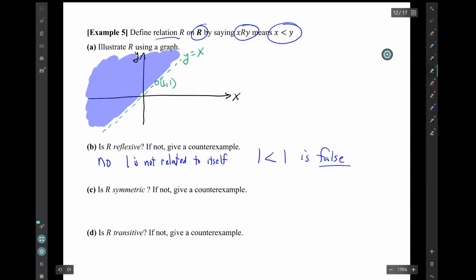So there is not a point at (1, 1). Is R symmetric? Well, you can see clearly not, because notice that the point (0, 2) is in that relation because 0 is less than 2, but the point (2, 0) is not.